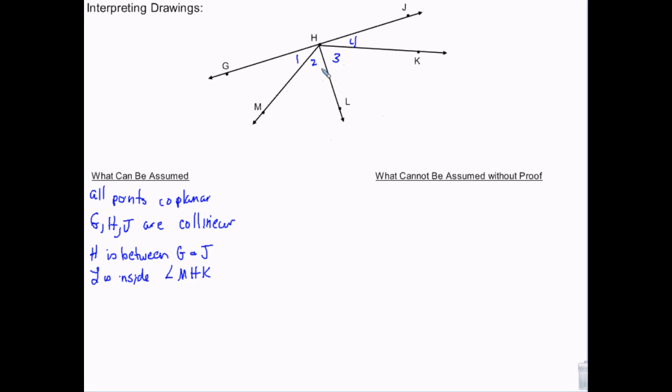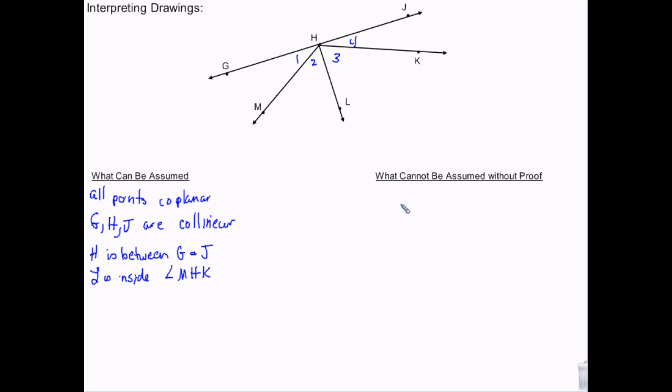So 1 is adjacent to 2, 2 is adjacent to 3, 3 is adjacent to 4. Is it okay if I'm not writing this? I'm just telling you? Okay. I can say that certain ones of these, like 1 and then 2, 3, and 4 all together is a linear pair. Or 1 and 2 and then 3 and 4 make, because they all make a straight line. You can break it up in that way, and you can say things that are linear pairs. And then you can say that they're supplementary because they're a linear pair.